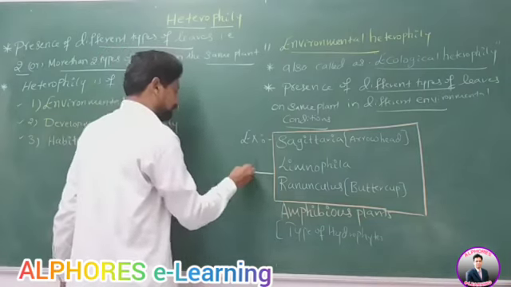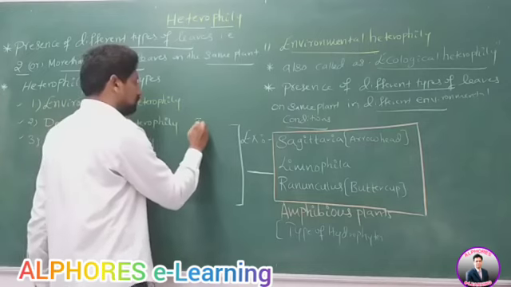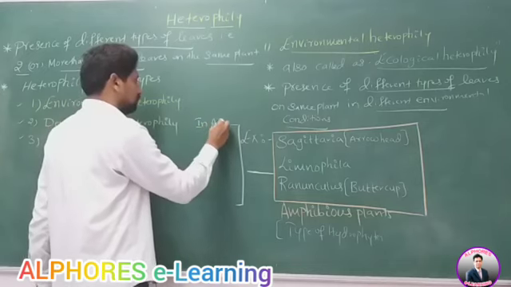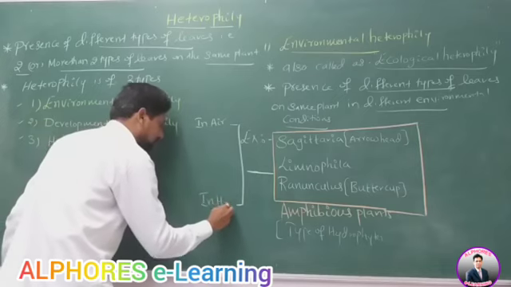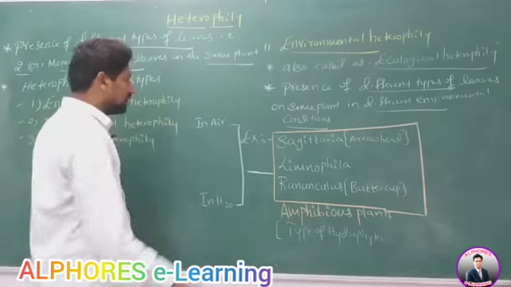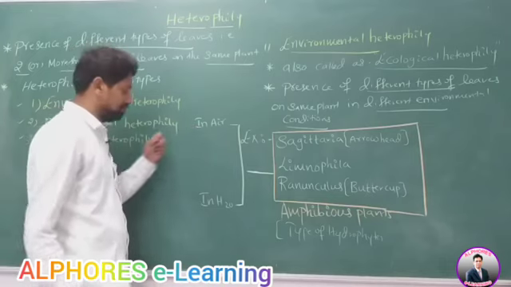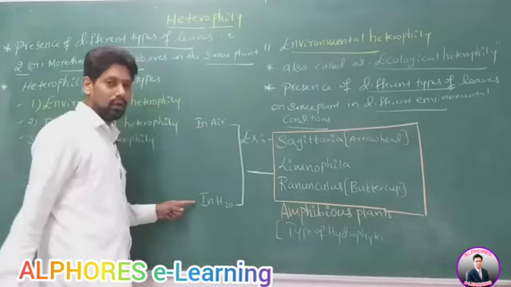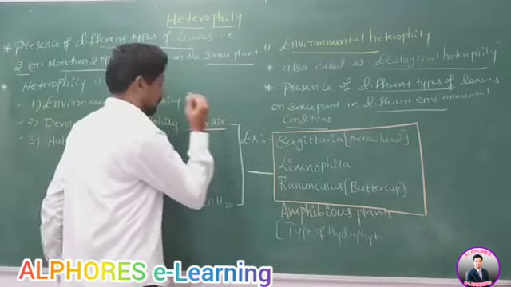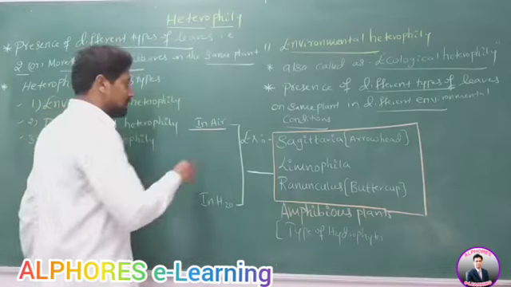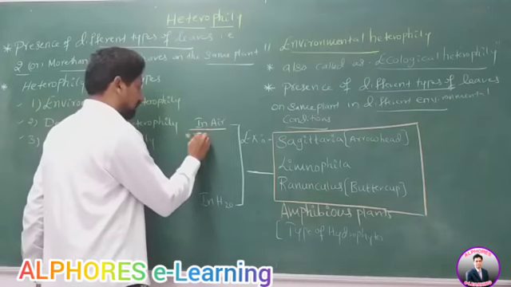See, in air it can be called terrestrial, in water, aquatic. In air, which type of leaves are present? Normal leaves. Aerial leaves are normal.